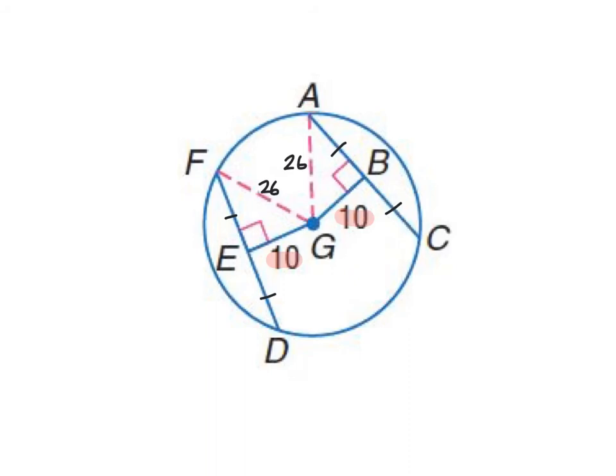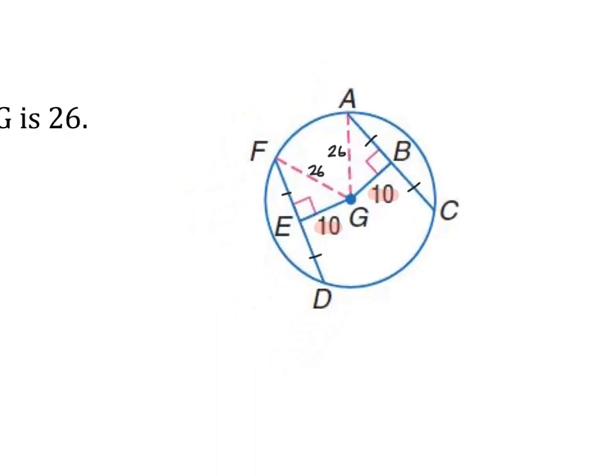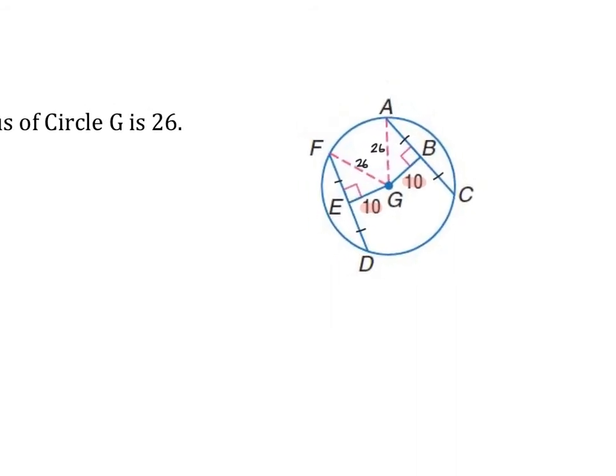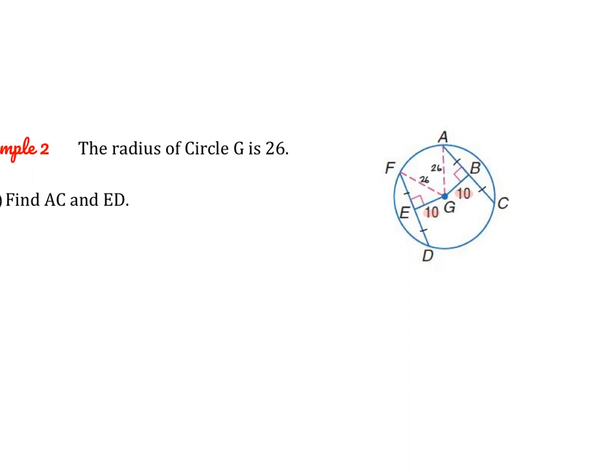AB is congruent to BC, which is congruent to FE, which is congruent to ED. All of them are congruent. So we used two things we know. We used the bisecting of the chord, and we learned that the chords are actually congruent because they are equidistant from the center. Now, from here, you can see that they want us to find AC and ED.